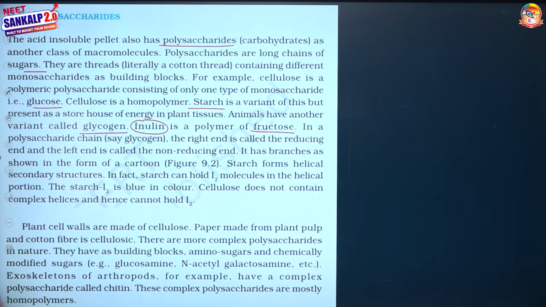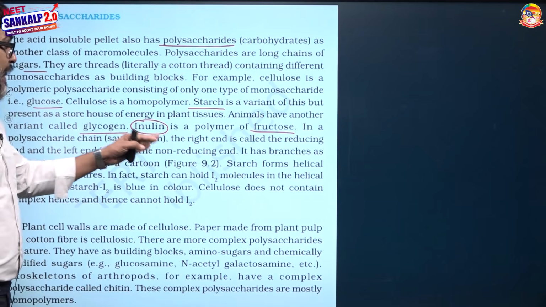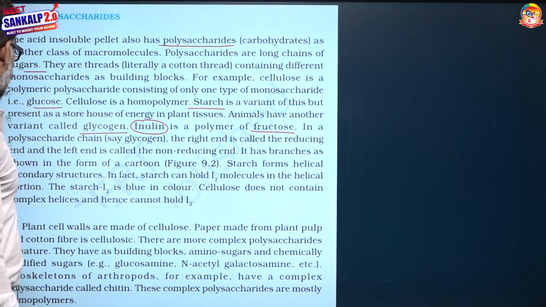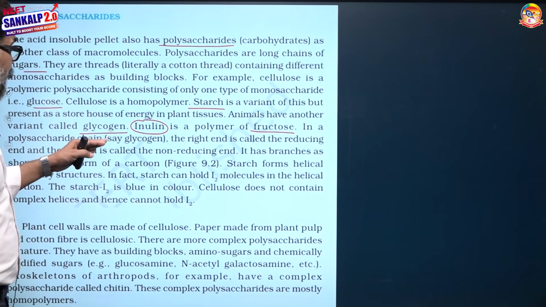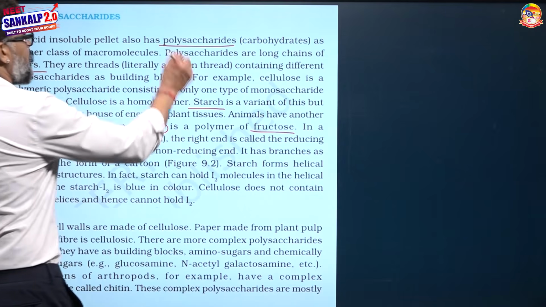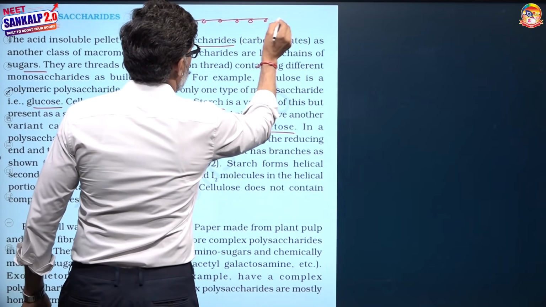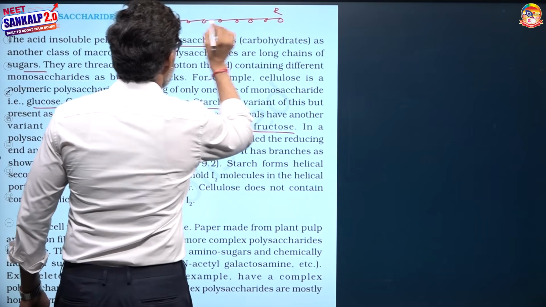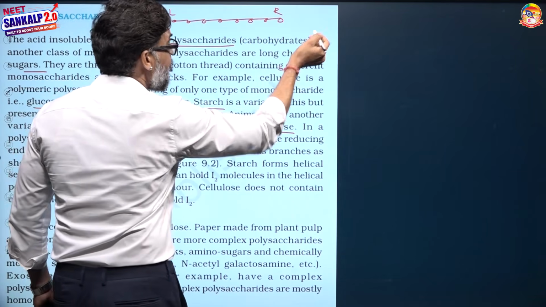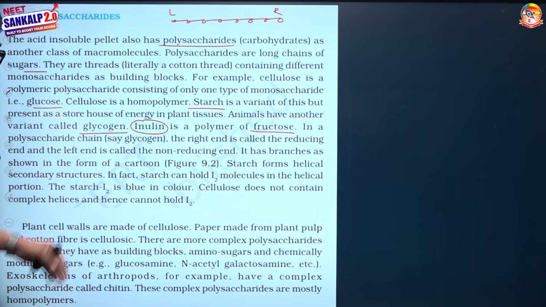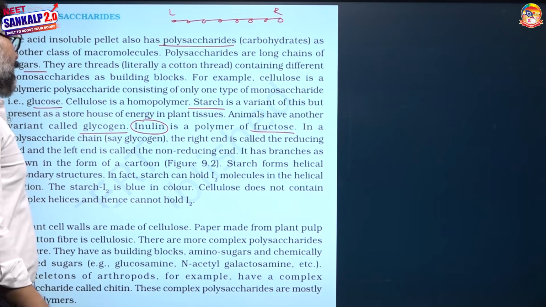In any polysaccharide chain, the right end is called the reducing end and the left end is called the non-reducing end. Suppose this is a polymer. So this is the right end and this is the left end.